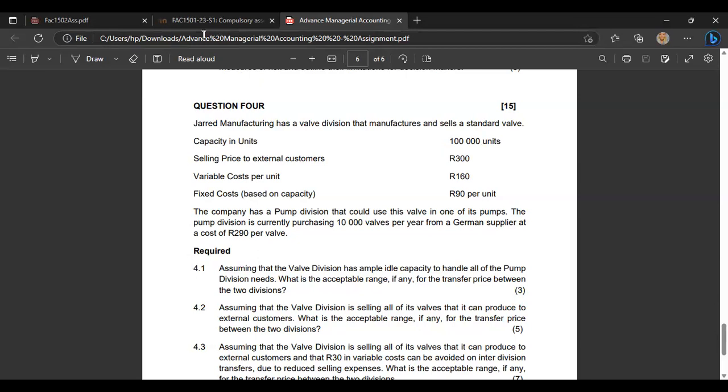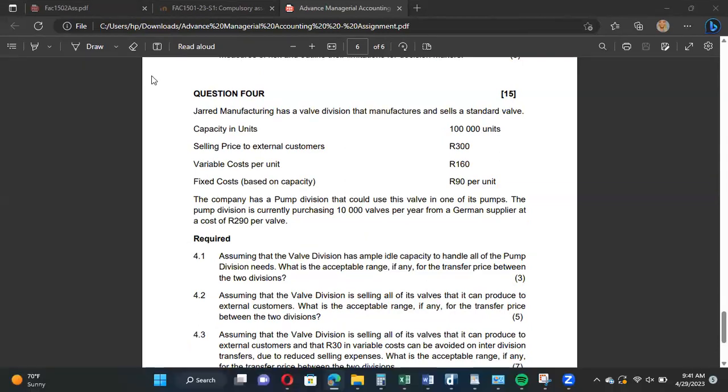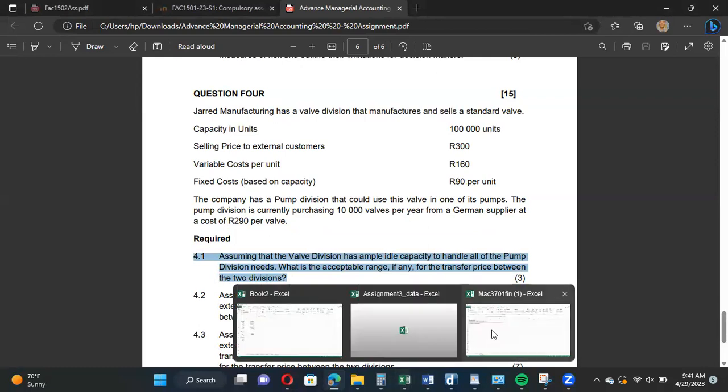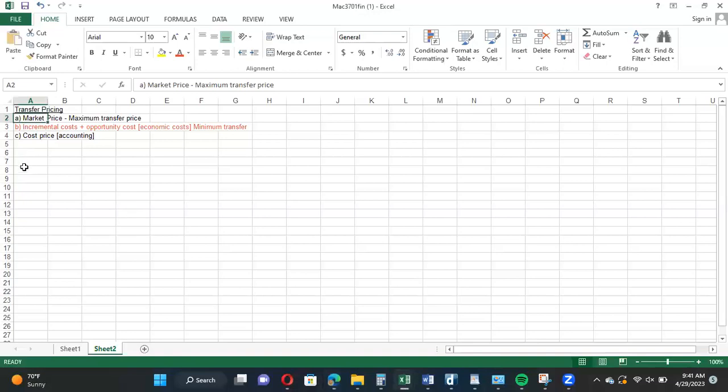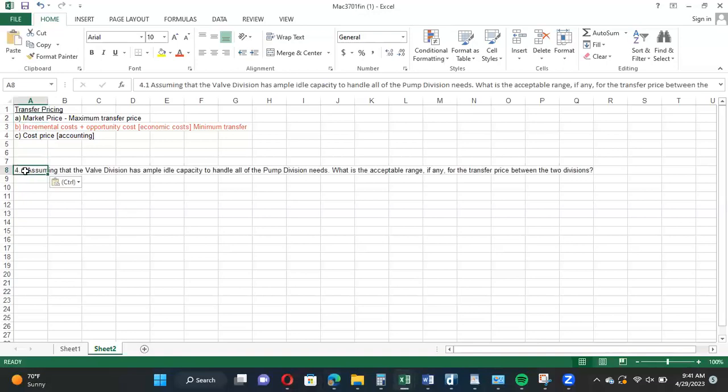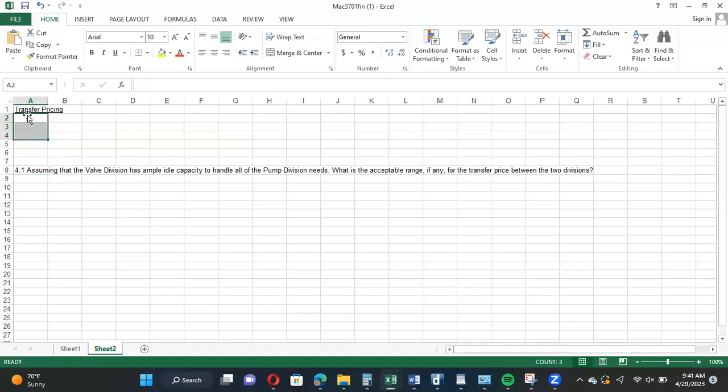All right, let's change gear and share screen this way. I'm going to copy this. This is only 3 marks, so we are not expecting anything hectic on this one. All right, let's take all this out.